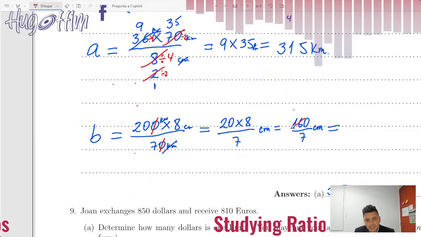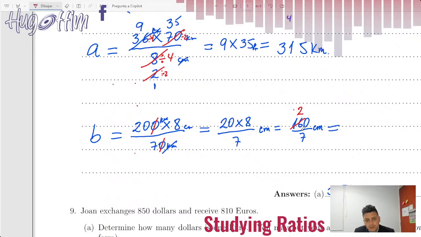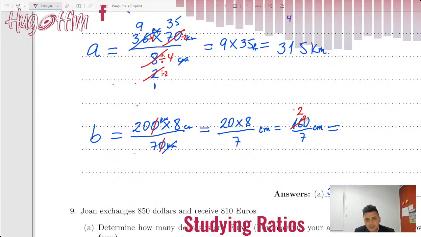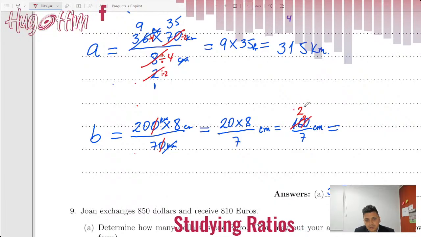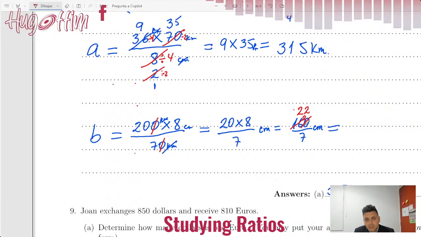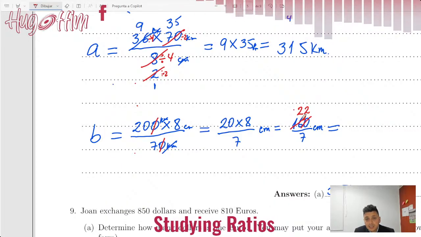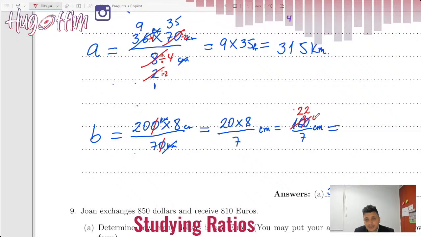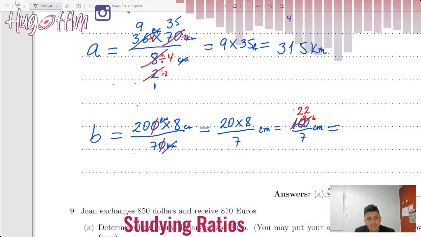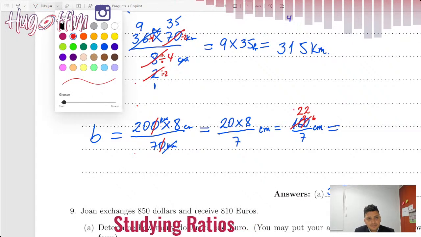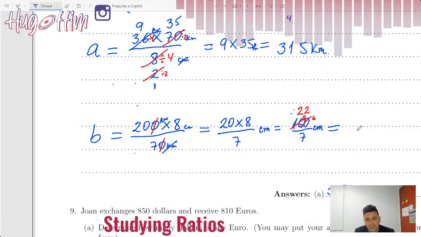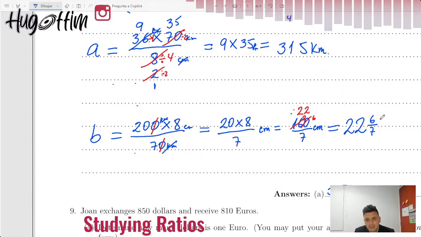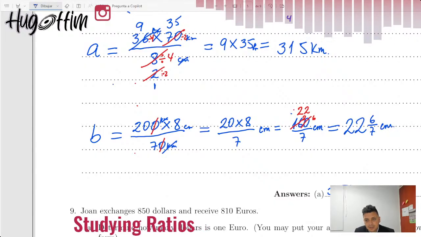So it's going to be 2. 2 times 7 is 14. To 16 I need another 2. So I get 20. 20 is going to be another 2. 2 times 7 is 14, and I want to get to 20, so I'm going to get 6 left. So this is essentially 22 wholes and 6/7 of a centimeter.